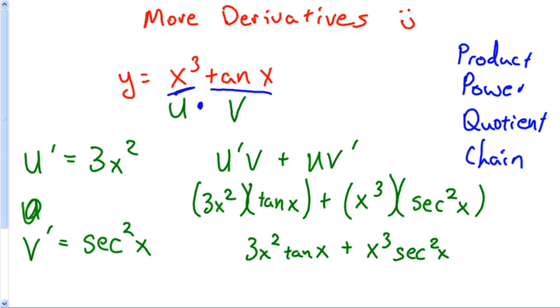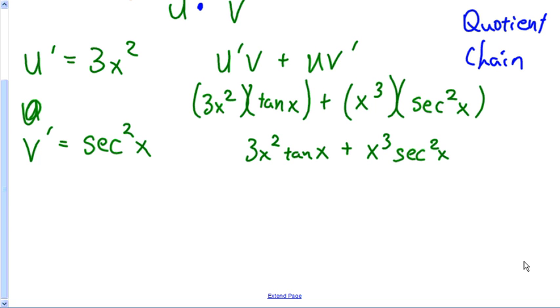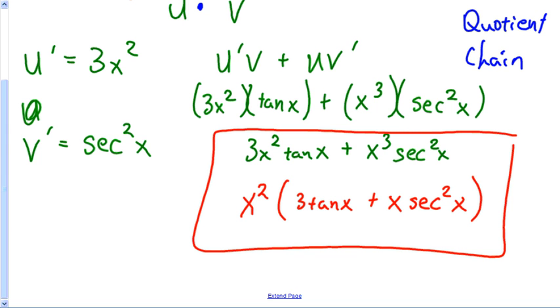Some of you may be looking at this one going, hey, secant squared is tangent squared plus 1. And you're right, but all that's going to do is get us some kind of weird looking quadratic thing, so it's not going to help us any. We could do a little bit of factoring, into x squared times 3 tangent x plus x secant squared x, but even at that, I don't know that it makes life a whole lot better, but we could go with either of those two answers.